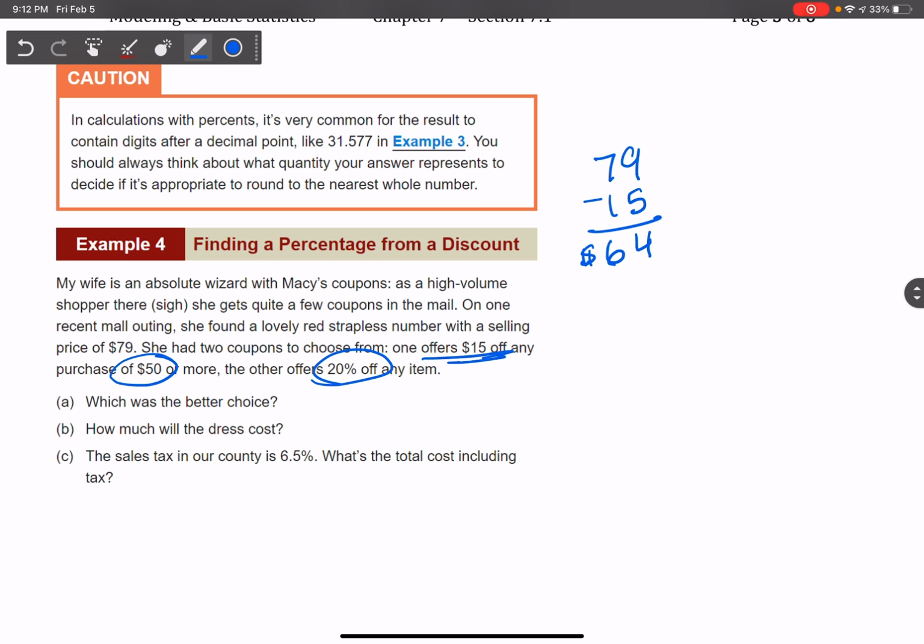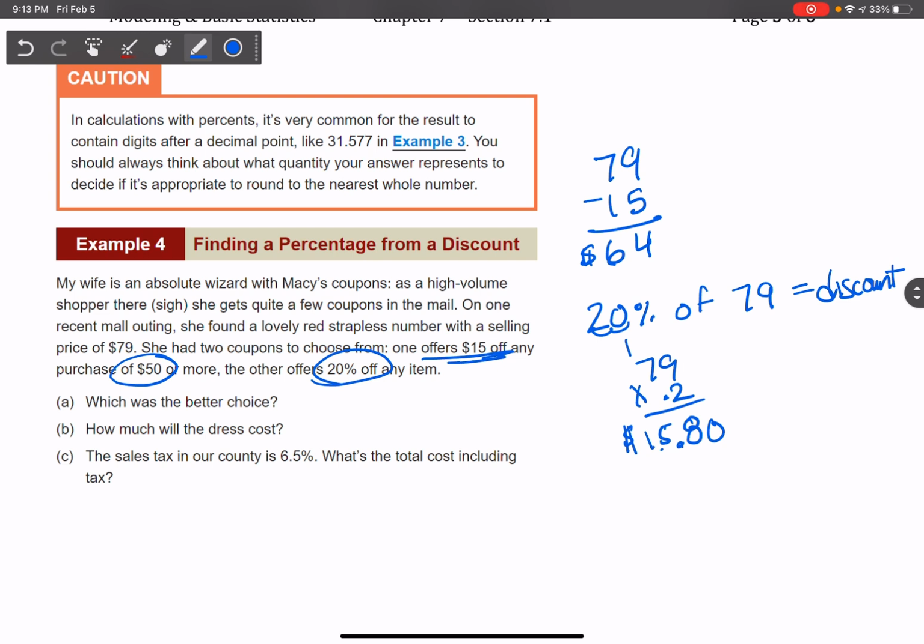The next coupon says 20% off of any item. So 20% of the $79 will be the discount. Okay, that will be the discount. So if you work that out, that's $15.80 as the discount.